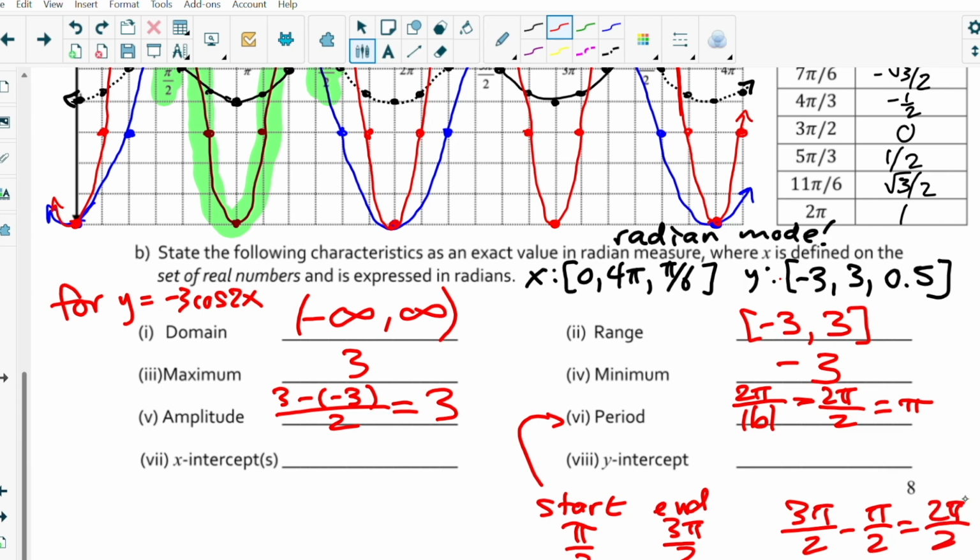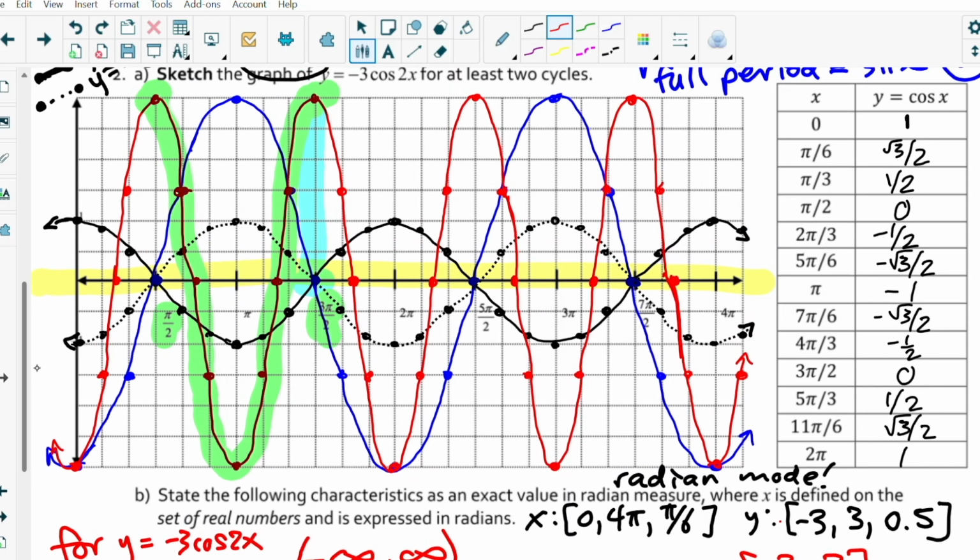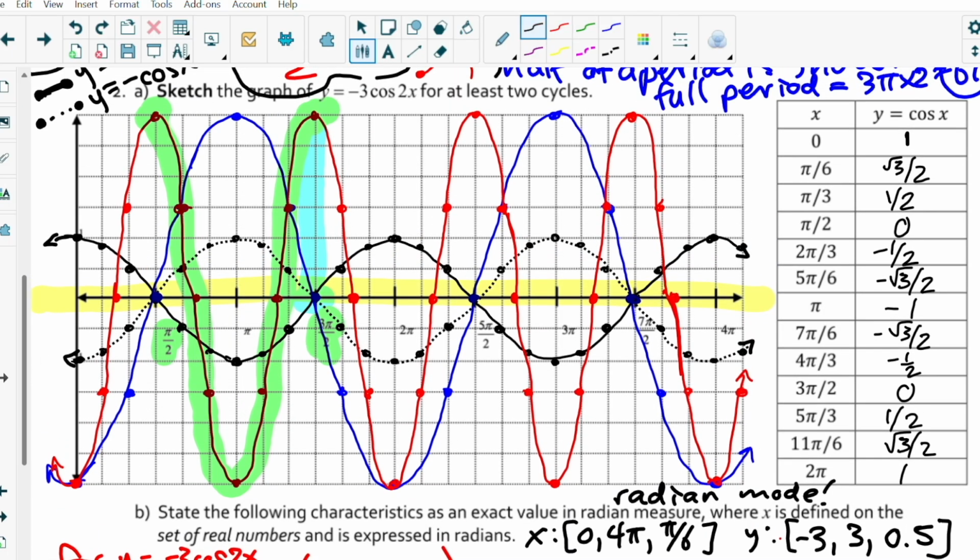That is 2 pi over 2, or pi for our period. Okay, x-intercepts. This is the way I look at it. The x-intercept is right here. That's pi over 4, folks. Okay, pi over 4. So let me highlight that in another color.